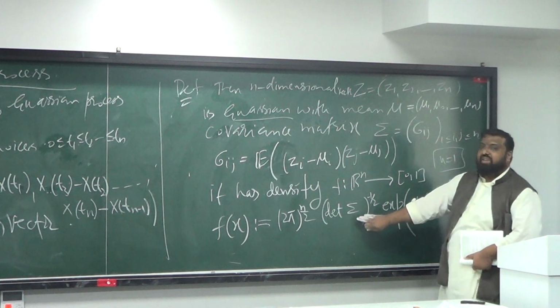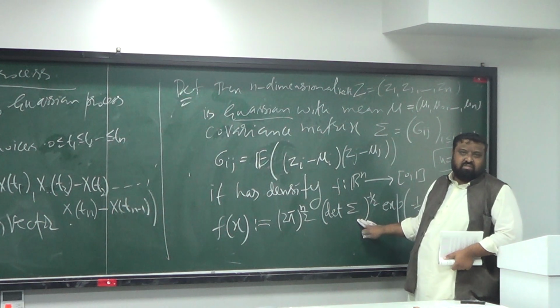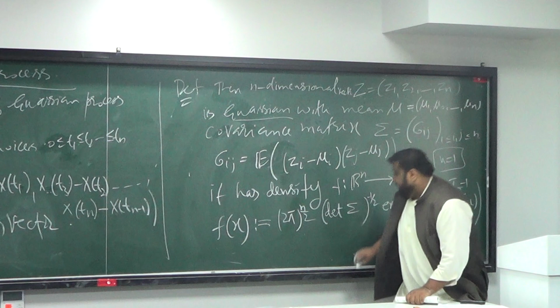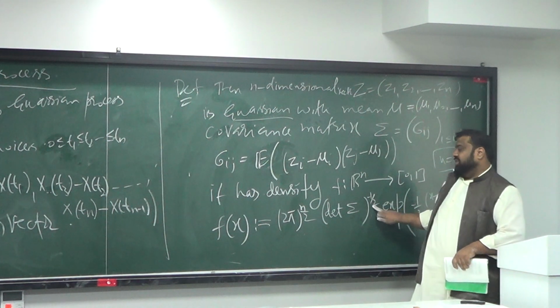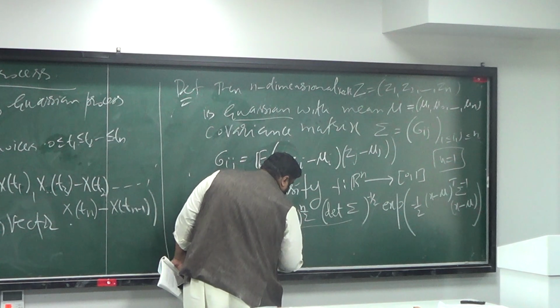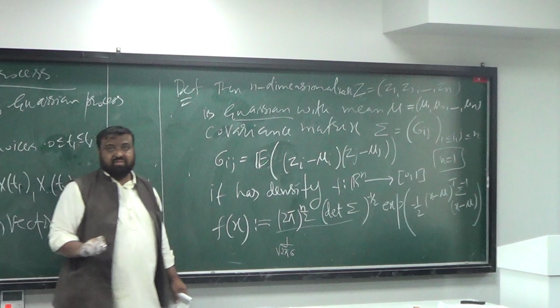It would simply be the variance. What would be the determinant of that one number? The same number. And with the power minus 1/2, this becomes 1 over the square root of 2 pi sigma. Right?